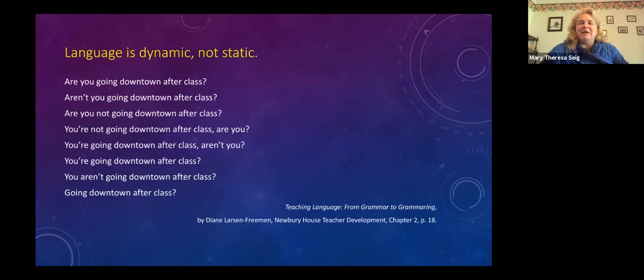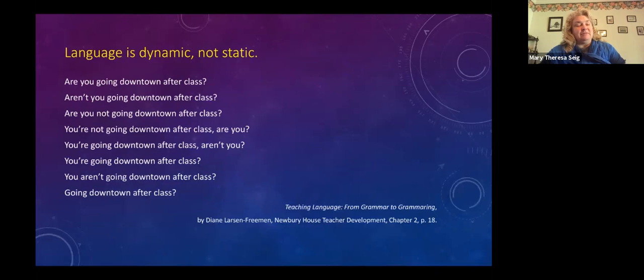I have another example here, right? All of these are from Diane Larsen-Freeman's book, Teaching Language: From Grammar to Grammaring, on page 18. Are you going downtown after class? Aren't you going downtown after class? Are you not going downtown after class? You're not going downtown after class, are you? You're going downtown after class, aren't you?